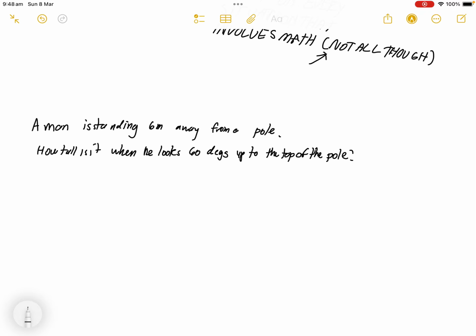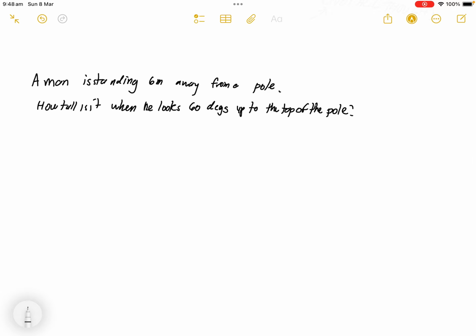Let's say a man is standing 6 meters away from a pool. How tall is the pool when he looks 60 degrees up to the top of the pool? We want to know how tall the pool is with respect to the distance between the man and the pool.